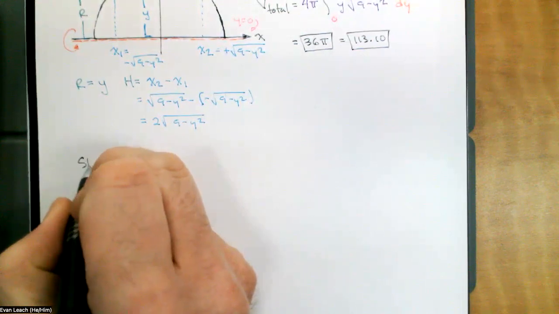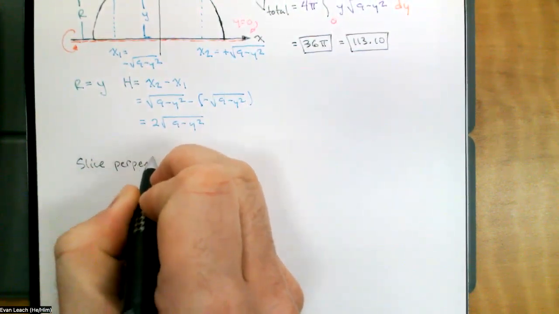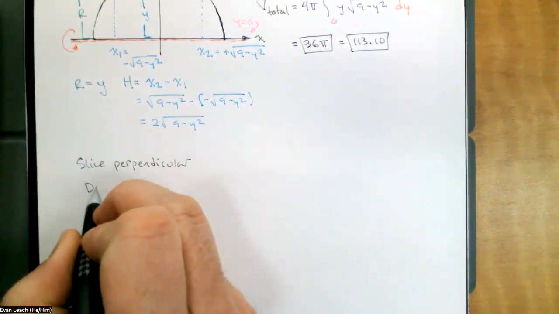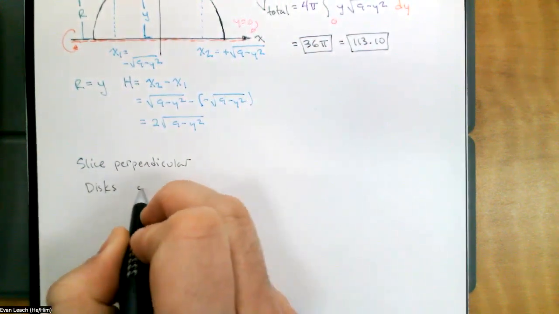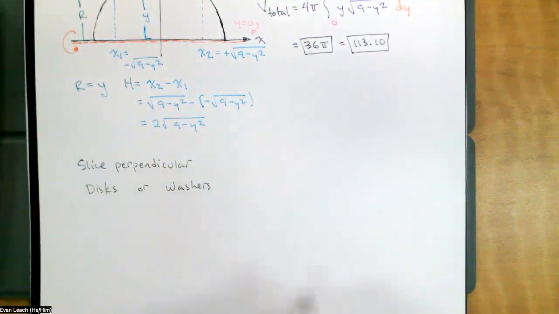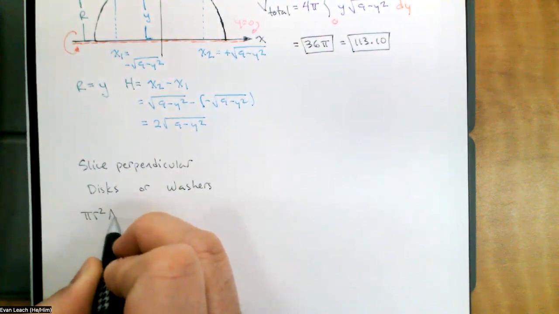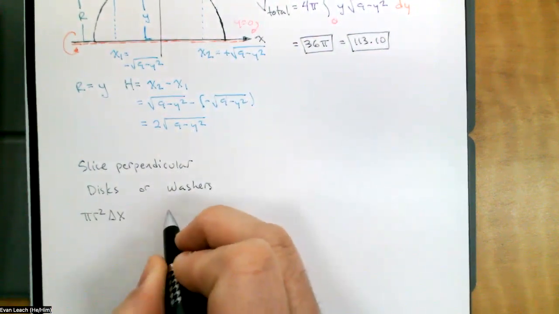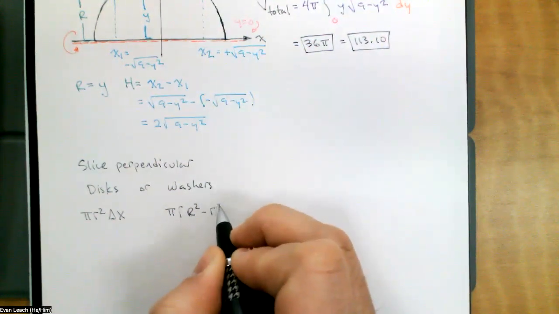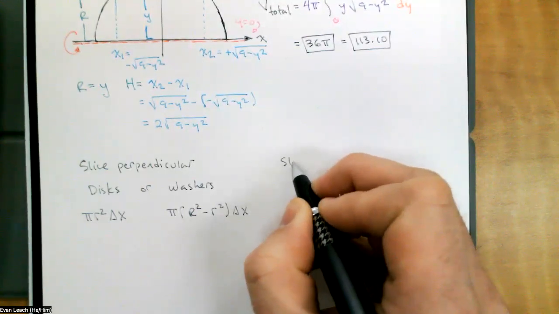Slicing perpendicular will produce discs or washers. Discs are going to be pi r squared times your delta variable. Washers are going to be pi times the difference between the squares of the radii times your delta variable. And then over here, we've got slice parallel.